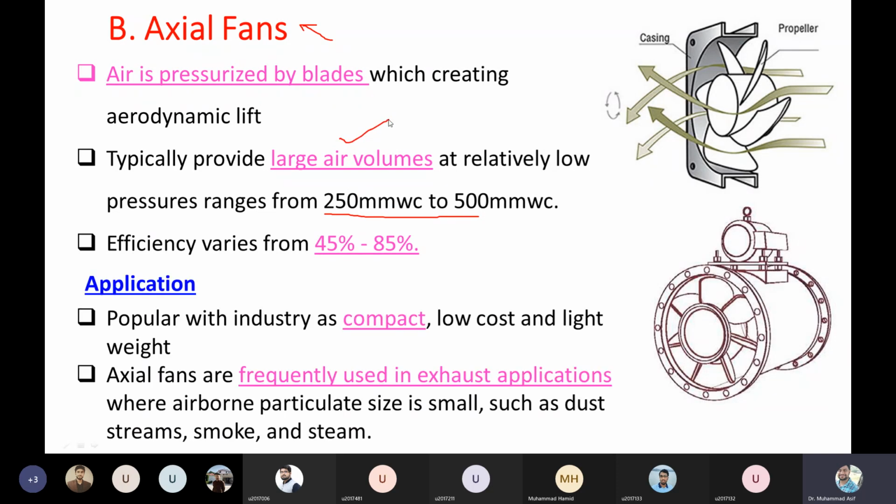In industry where size is an issue, they are very compact, their price is very low, and they are lightweight. They are very frequently used in exhaust applications. More or less every room is coupled with this type of axial fan, frequently used for fresh air intake or as an exhaust fan.